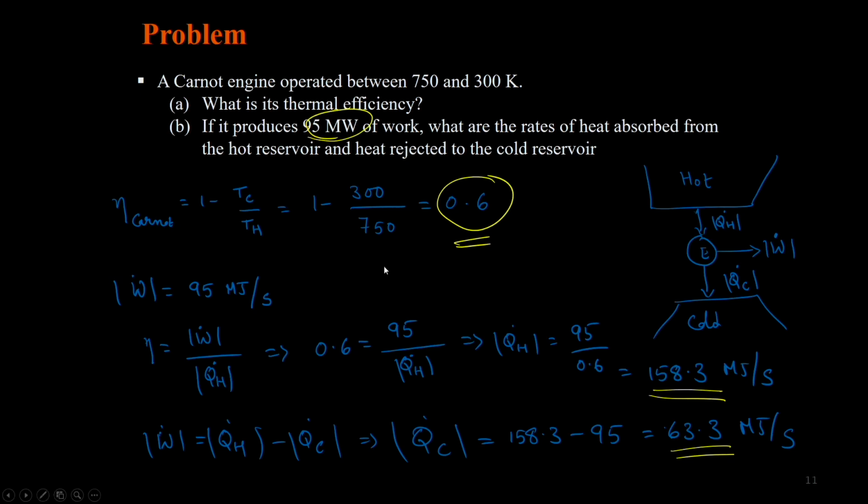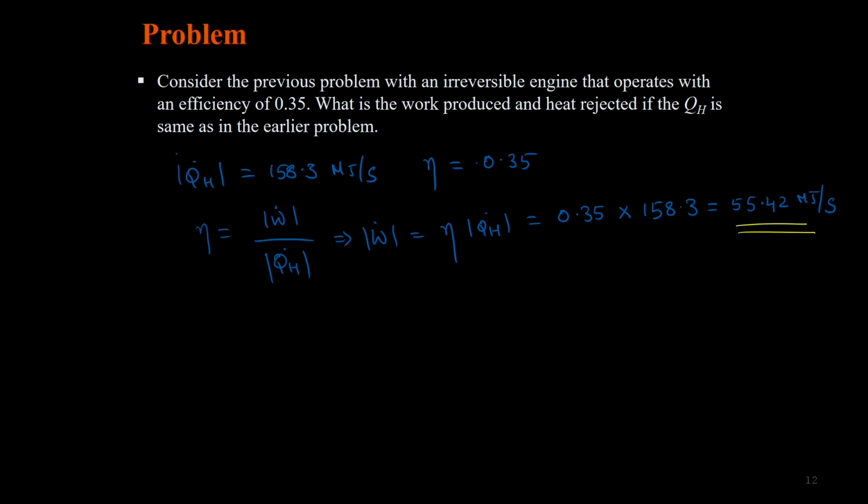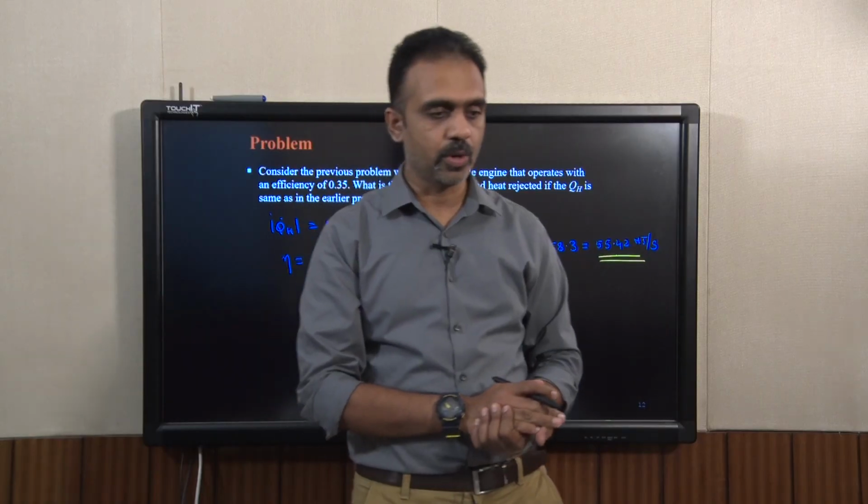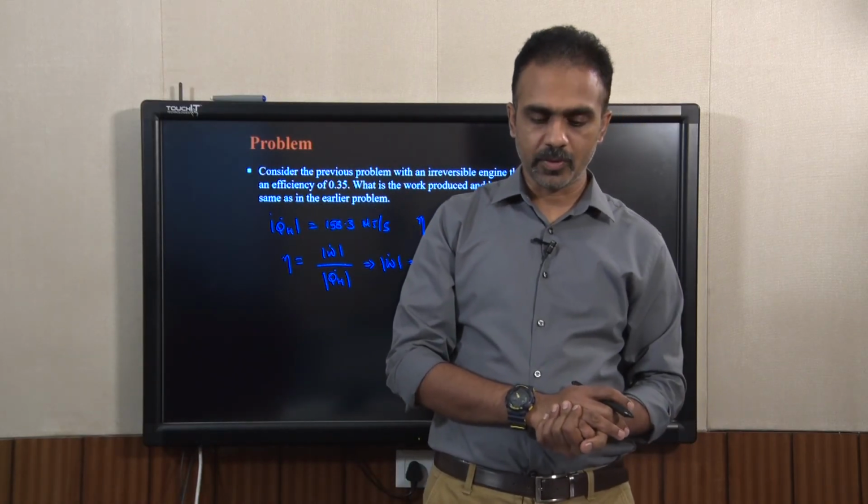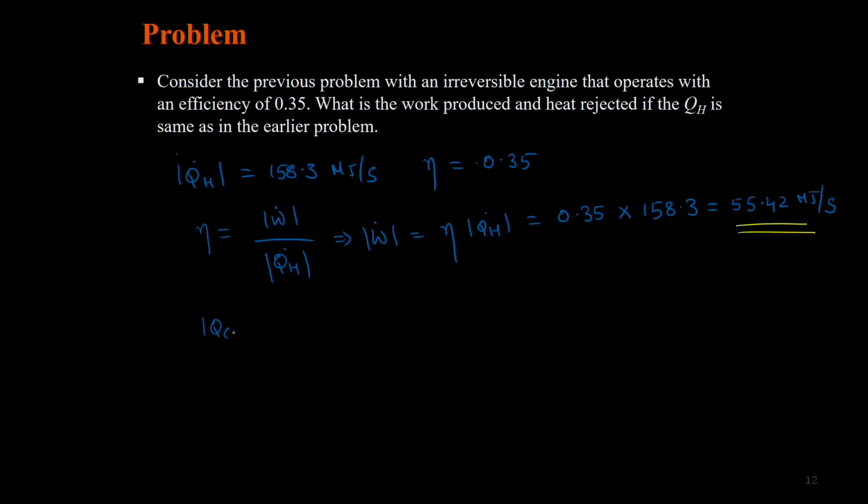But now, because the process is irreversible, for the same amount of heat absorbed from the hot reservoir, we could only produce 55.4 megajoules per second of work. And QH dot is going to be equal to W dot plus QC dot. So we can rearrange the terms to calculate QC dot to be 102.92 megajoules per second.